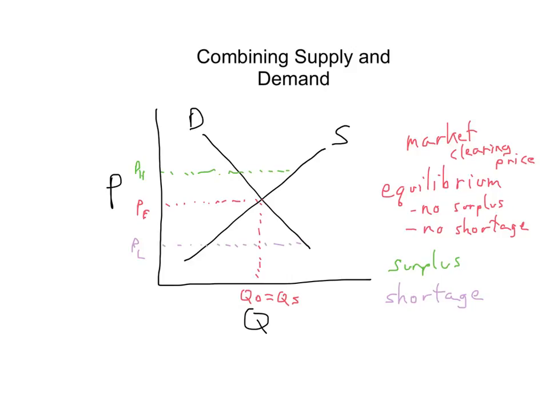Now we're going to say that any price that isn't equilibrium, any price that's higher and causes a surplus or lower and causes a shortage, that situation will be called disequilibrium. Not equilibrium.